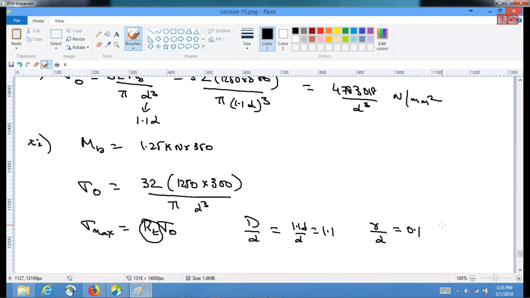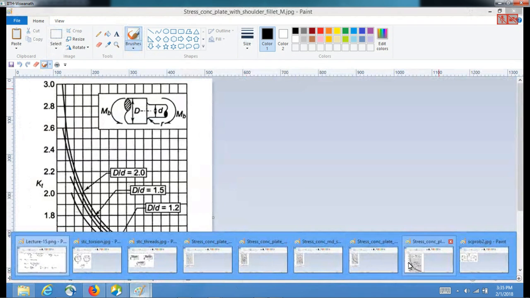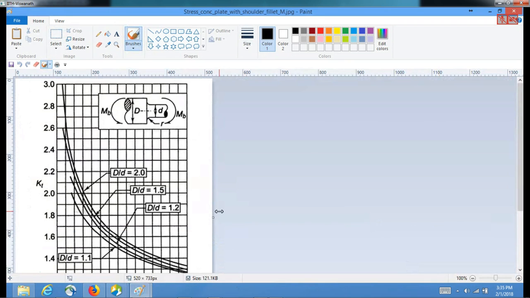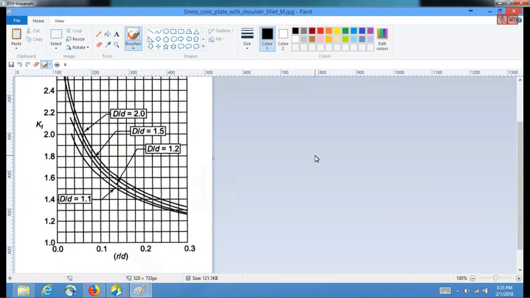Based on these two, if you look at the fourth table, the last one at the bottom, at a value of 0.1 it gives you a stress concentration factor of 1.6 from the chart.